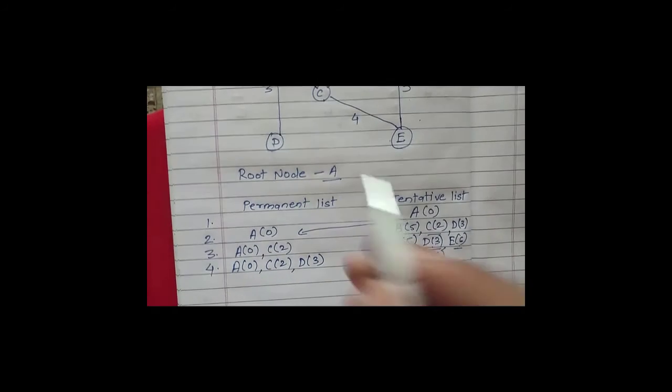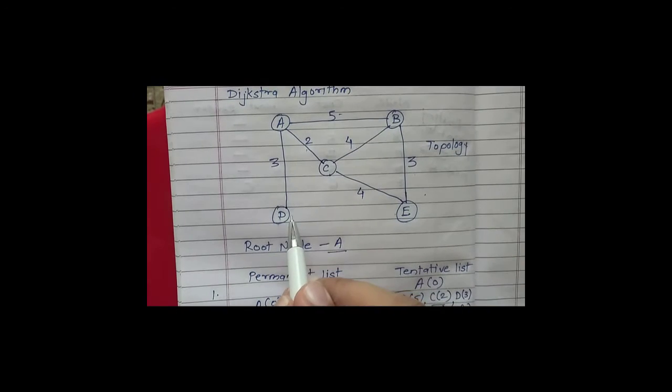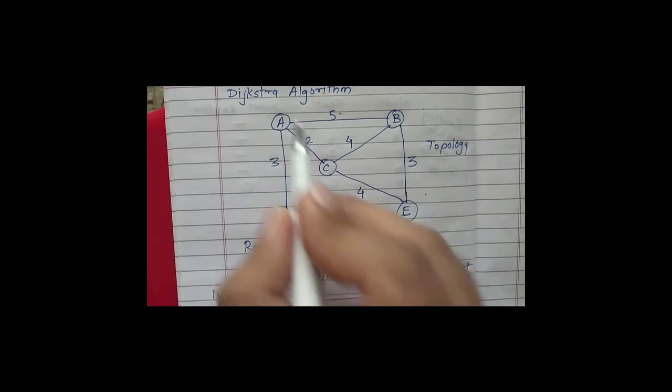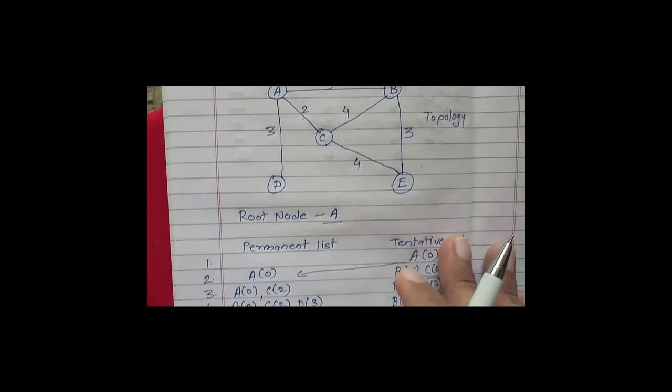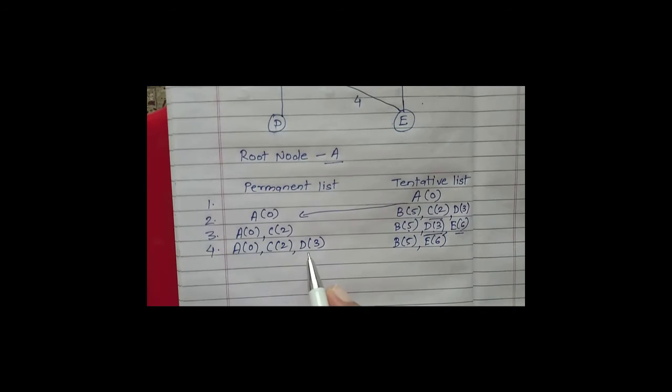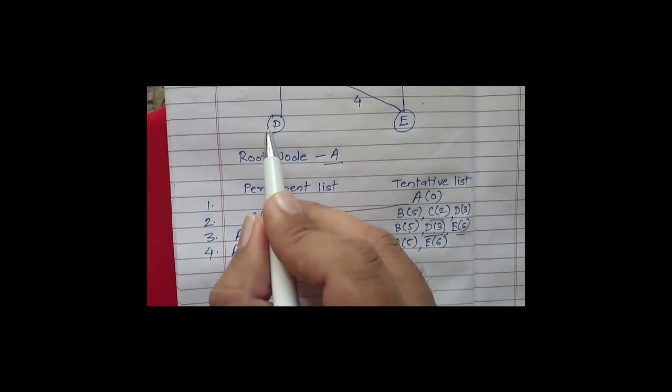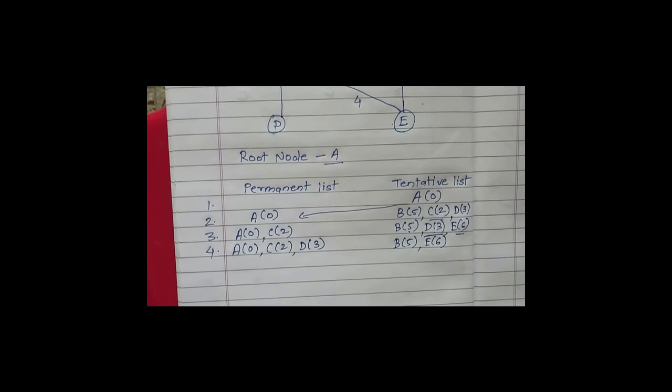Why is this so? Because there is no adjacent node of D except A, and A has already been processed in the permanent list. So the immediate adjacent nodes of D are already processed.